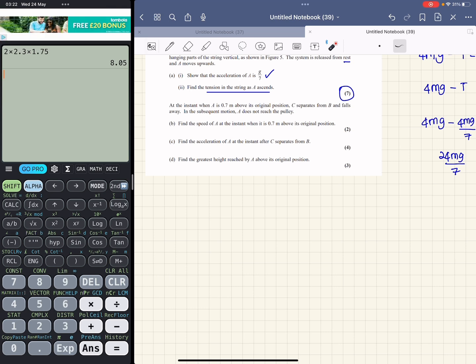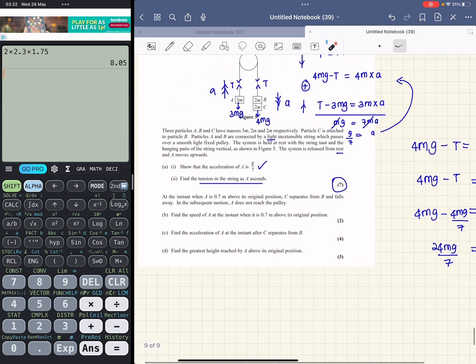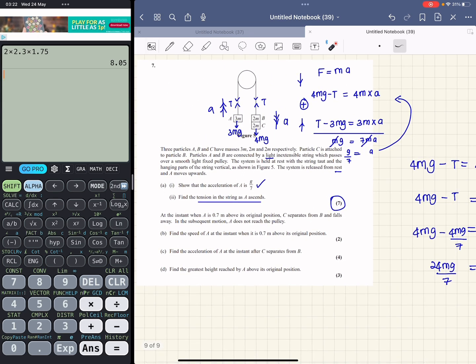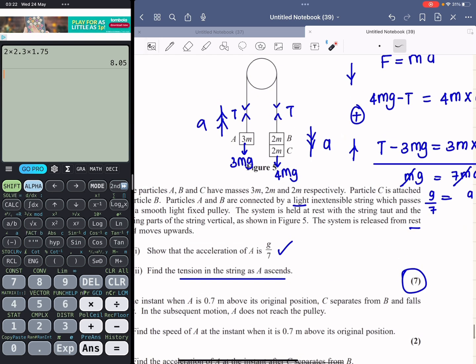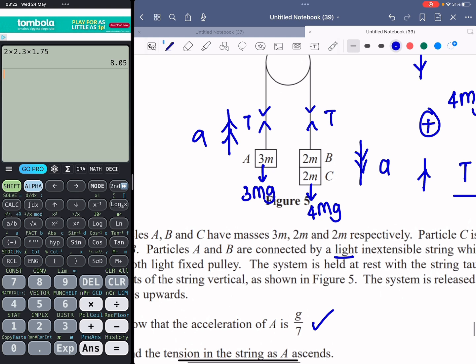What does that mean? That means A has already moved 0.7 meters from its original position. That means B and C have also moved 0.7 meters from that position.